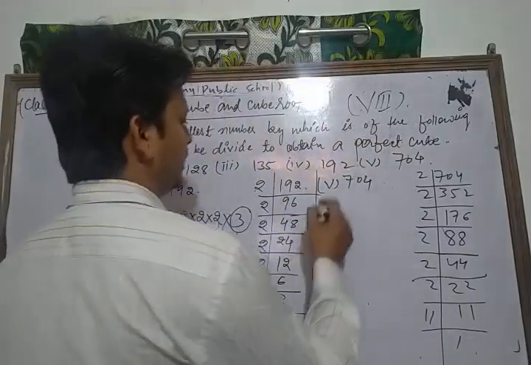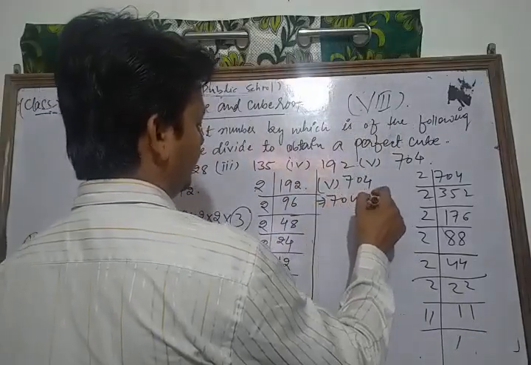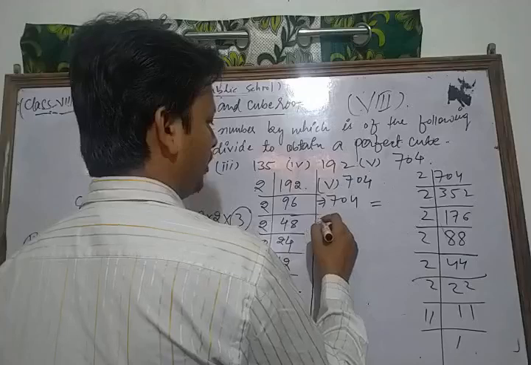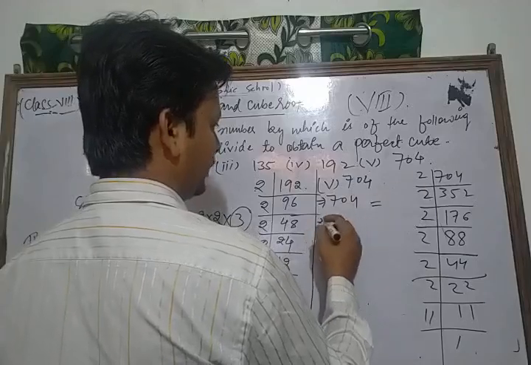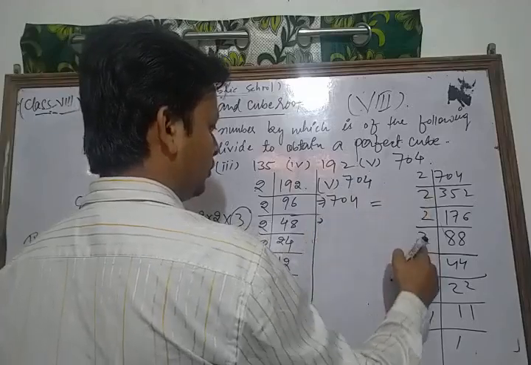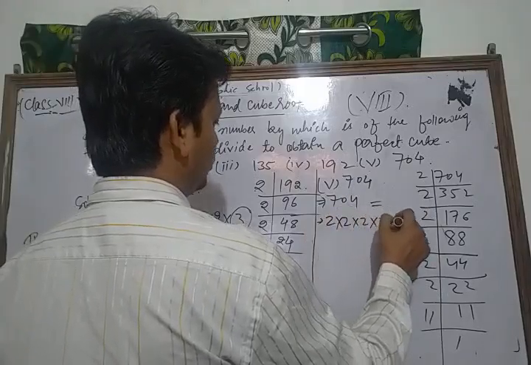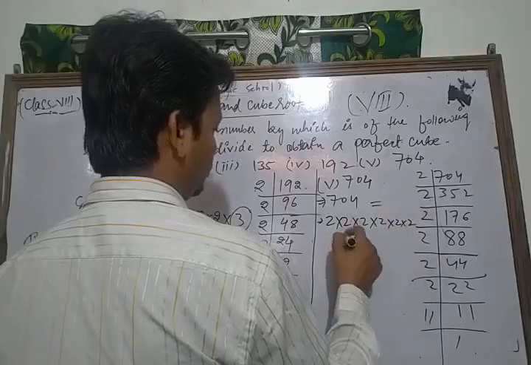Now thus in this way we can find the prime factorization of 704 as 2 to the power 6 into 11.